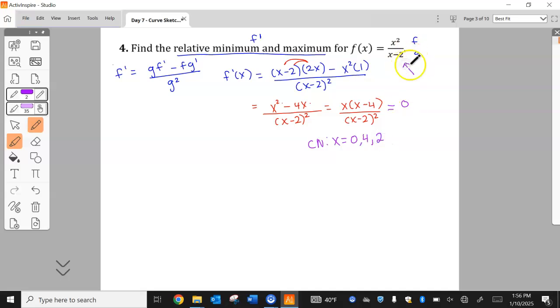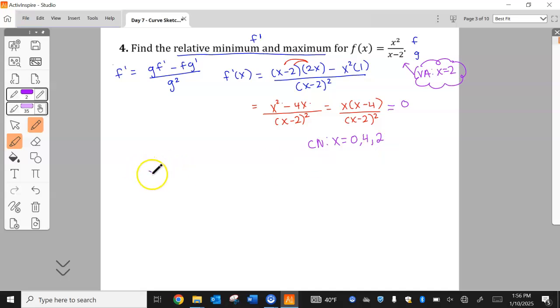And I also need to remember that I have a vertical asymptote at x equals 2. Vertical asymptote means we're undefined there, so we're not going to have a point there. So it cannot be a max, it cannot be a min, and we also have to break up for it in our intervals for increasing and decreasing and concavity if we were doing those.